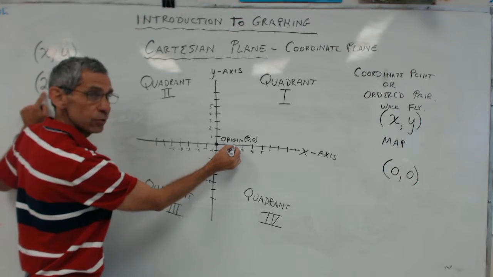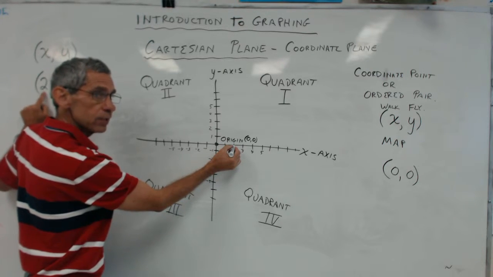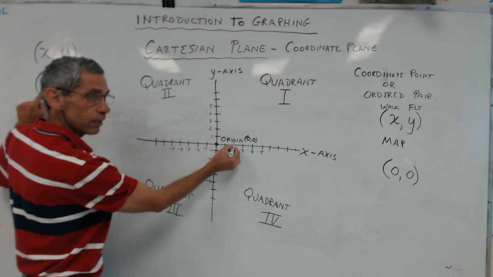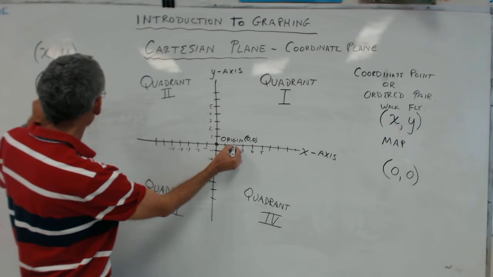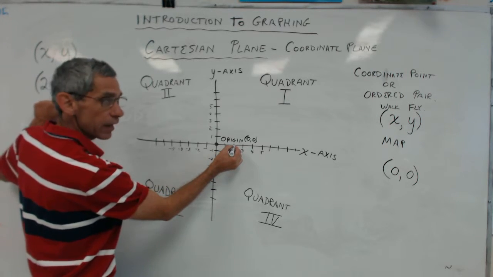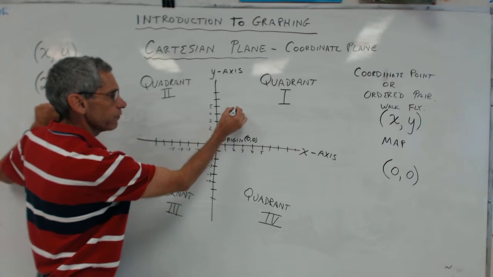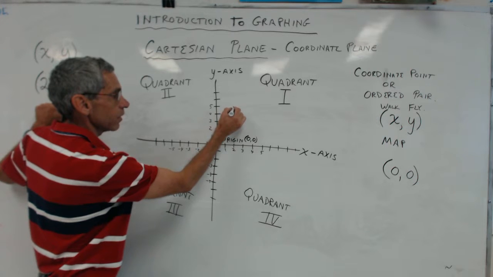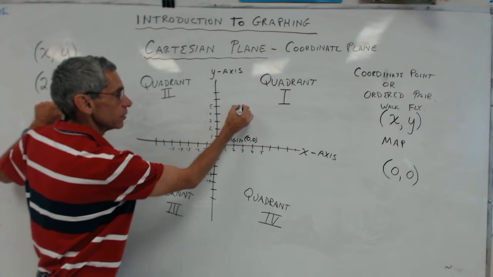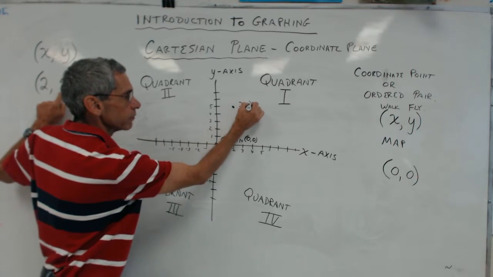So I walk 2, but I do not put a dot there yet. This is just my map telling me how to get to my final destination. I still have to do my 5, then I fly, so I go up 5. 1, 2, 3, 4, 5, and I put a dot there. That's my final destination. So that is 2, 5.